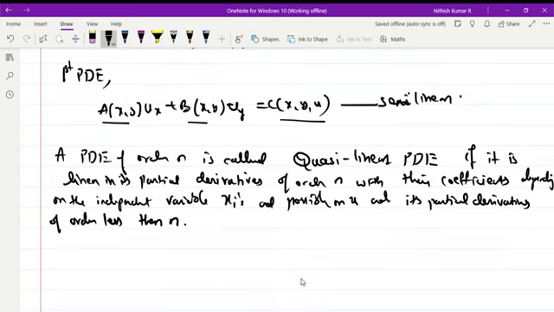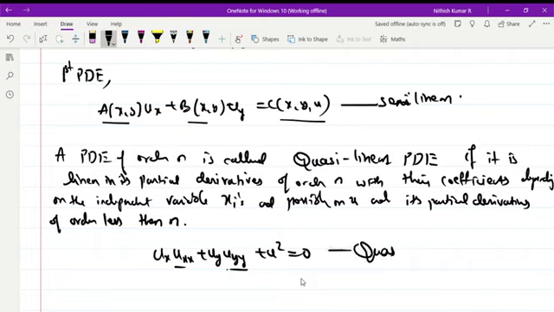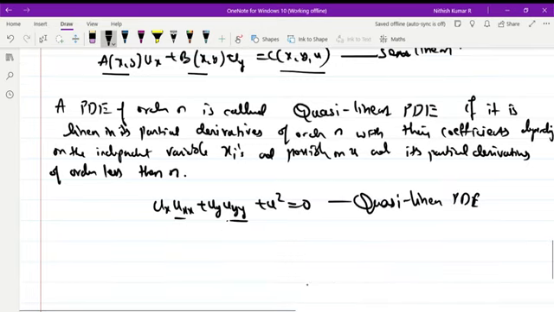So for example, take ux uxx plus uy uyy plus u square equal to 0. Now observe the coefficient of uxx is nothing but ux, and the coefficient of uyy is nothing but again a partial derivative of u with respect to y. So this is a quasi-linear partial differential equation.